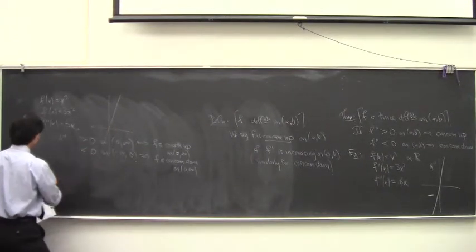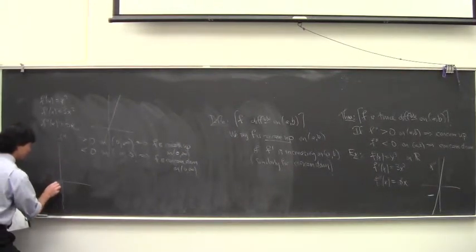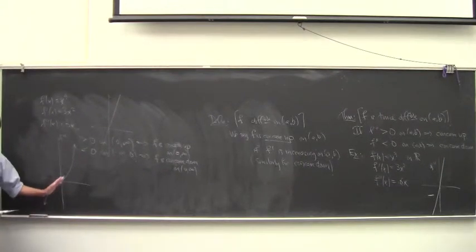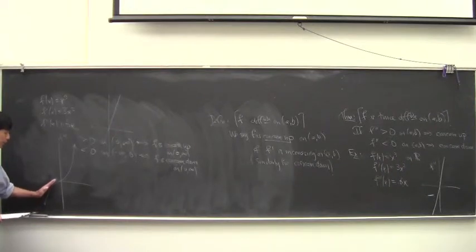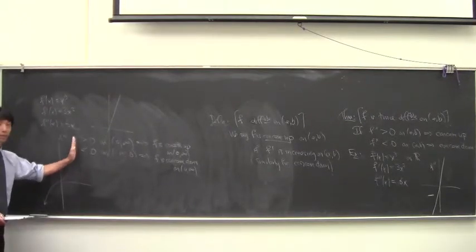If you think about the graph of x cubed, which looks something like this, then maybe that makes sense. Here the derivative is decreasing, then it becomes 0, and then the derivative is increasing.